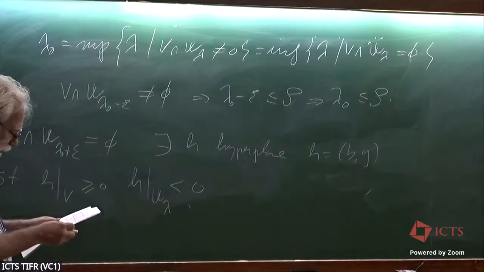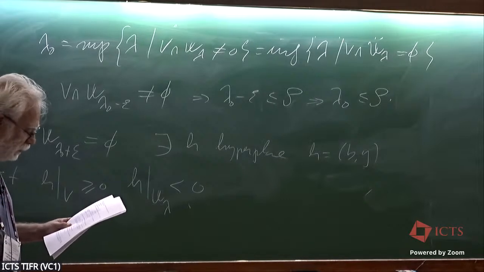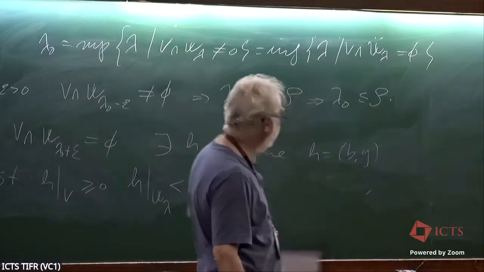In the notes that you can find on the web, there is a precise reference where you can find this strong version. Okay, and now I write my hyperplane as a condition like this.